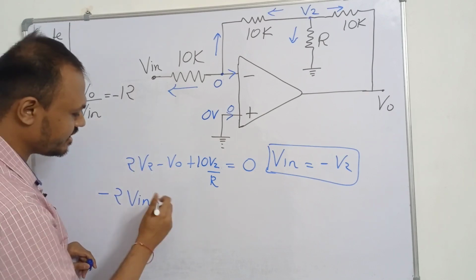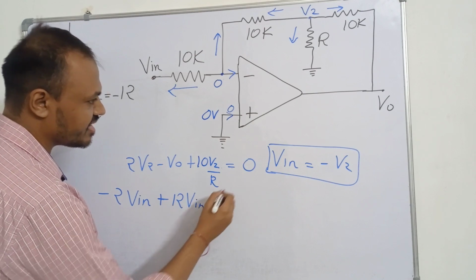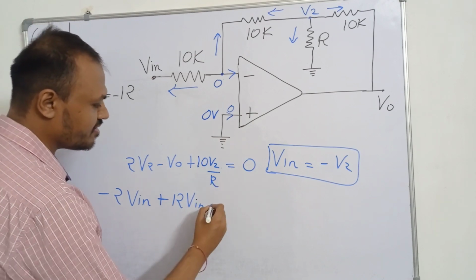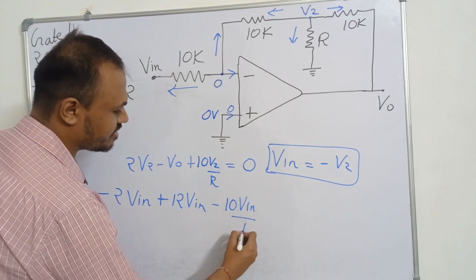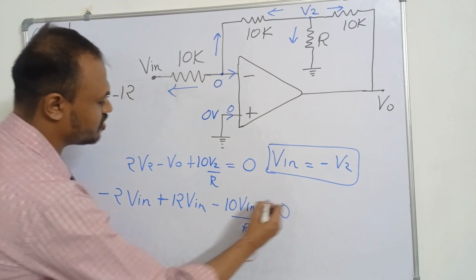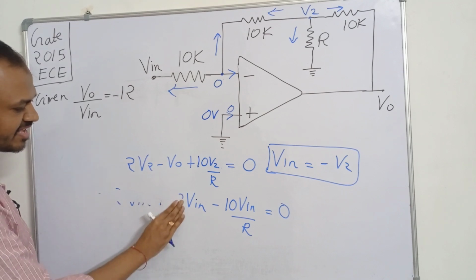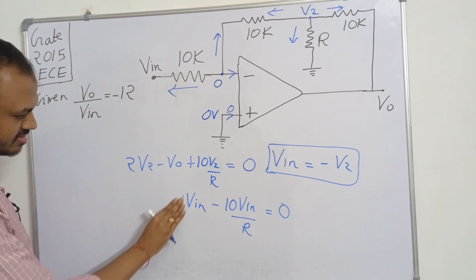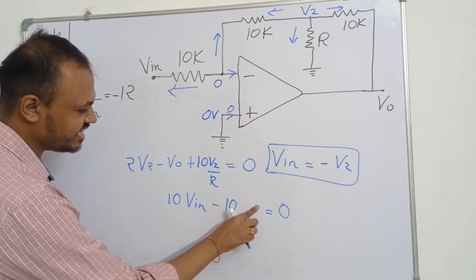So we can write here plus 12Vin and V2 equal to minus of Vin. So minus 10Vin upon R equal to 0, because V0 equal to minus 12 into Vin. So minus 2Vin plus 12Vin will become 10Vin. Vin and Vin can get cancelled.